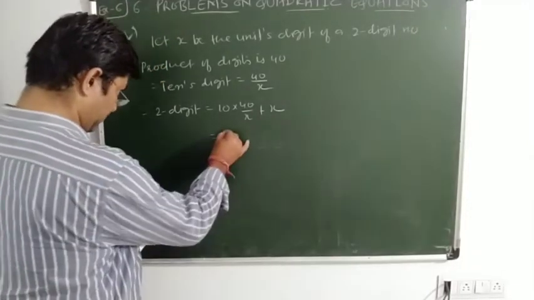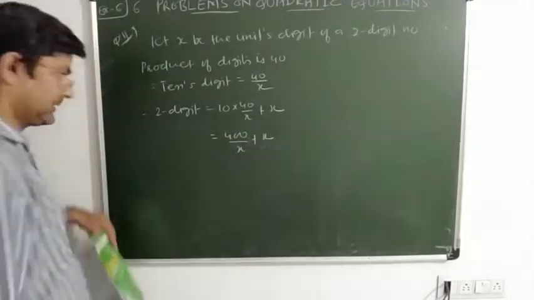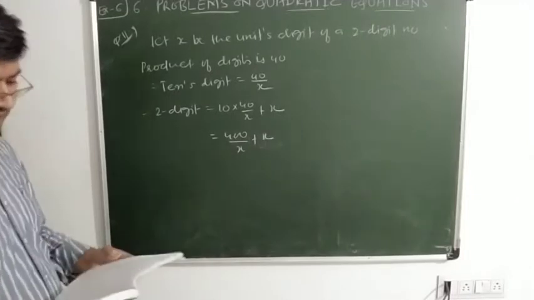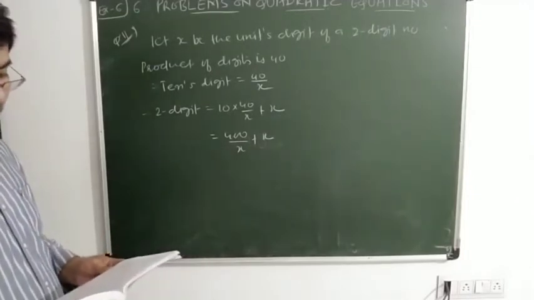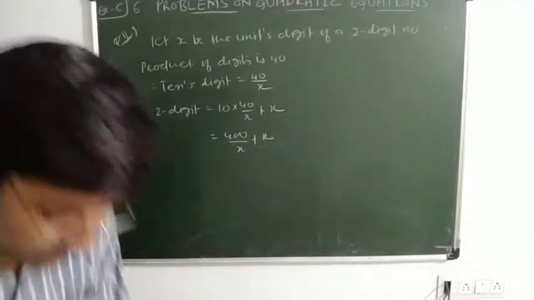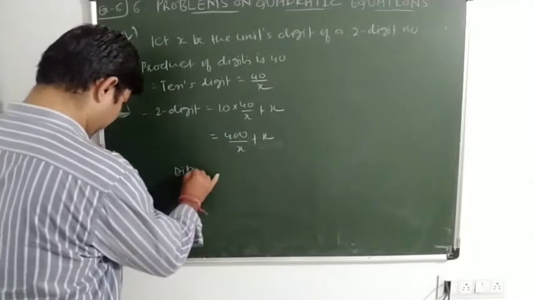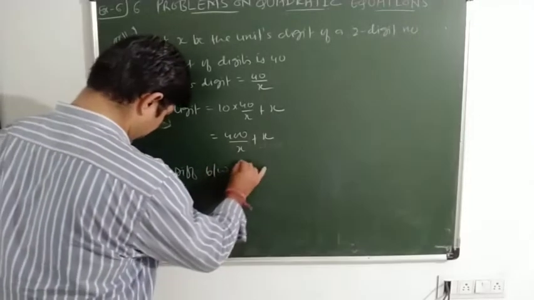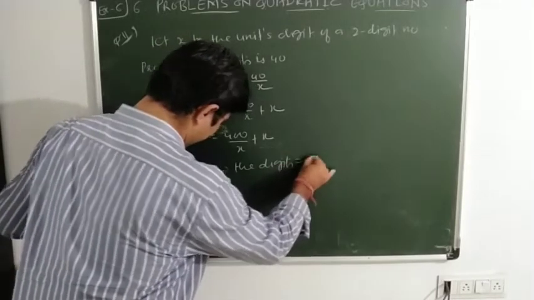Which is equal to 400 upon x plus x. This is the two-digit number. It is given that the difference between the digits is 3.